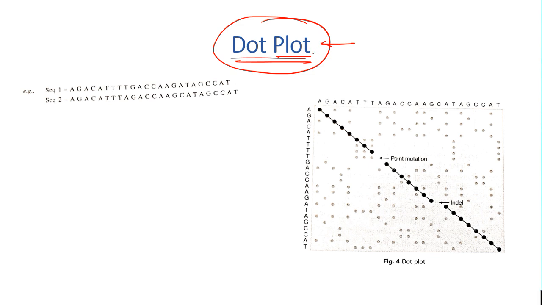Basically, in the dot plot there are two sequences, sequence 1 and sequence 2, as you can clearly see here. We are going to find similarity as a diagonal with dots connecting to each other. The alignment with the greatest number of identities would be the optimal alignment.